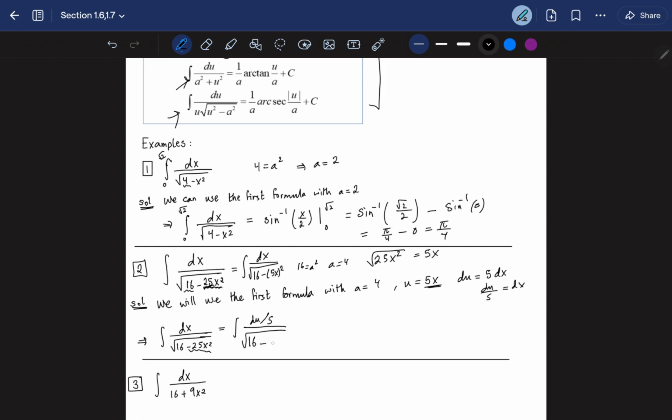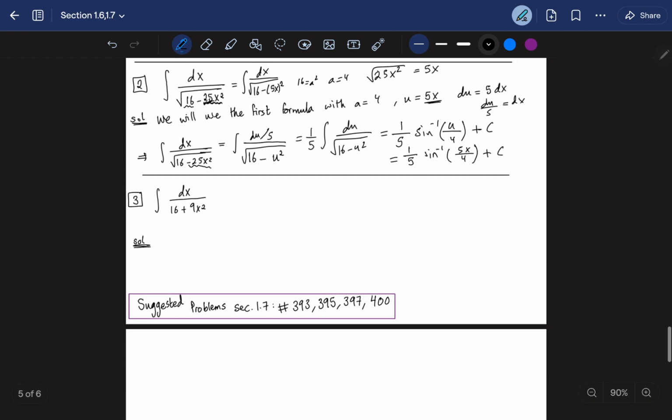But since 5x is just u, I'm going to get u squared here. So this is 1/5 du over this. Using the first formula, this is just 1/5 sine inverse of u over my a. But we said a is 4, so this is just 4 plus c. Now, since we're doing a u sub, I need to substitute the value of x back in. And that's it.